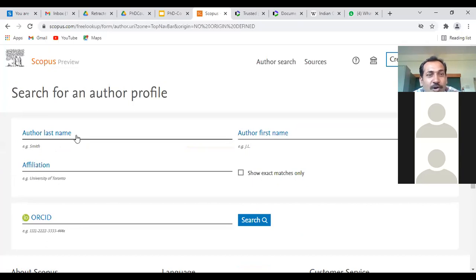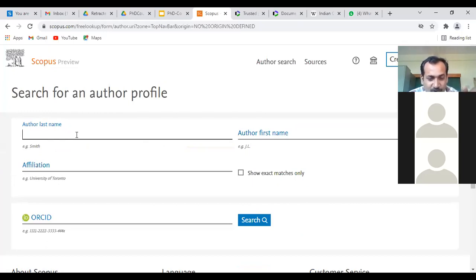Now, if we want to search for a particular author, then we can search for it. If you remember the name of any scientist, if you want to search for his paper, then we can do the search here, right?